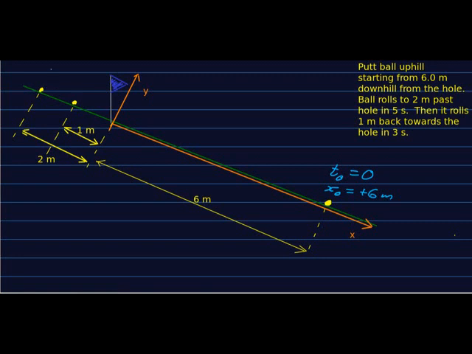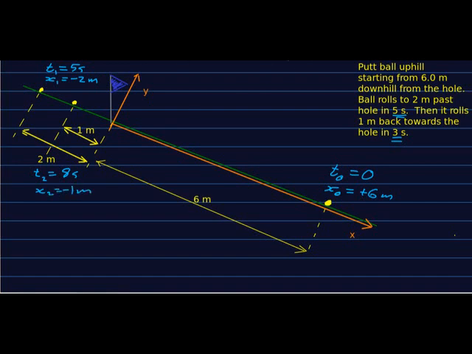All right, so now this is going to be t1, and we're told that's 5 seconds. x1, it is 2 meters from the hole, and it's uphill, and so that's negative 2 meters. And then this is going to be t2. It's 3 seconds later, so 8 seconds. And x2 then is negative 1 meter.